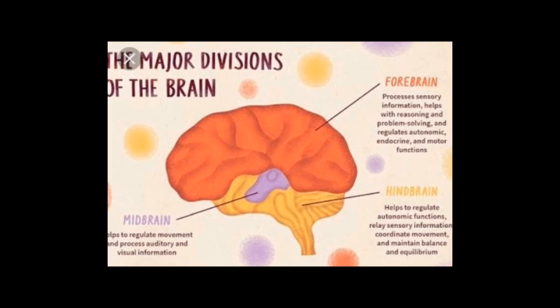It helps to regulate movement and process auditory and visual information. Please do remember that. The hindbrain regulates the autonomic functions, relays sensory information, coordinates movement, and also maintains body balance and equilibrium. So these are the three main divisions of the brain: forebrain, midbrain, and hindbrain.